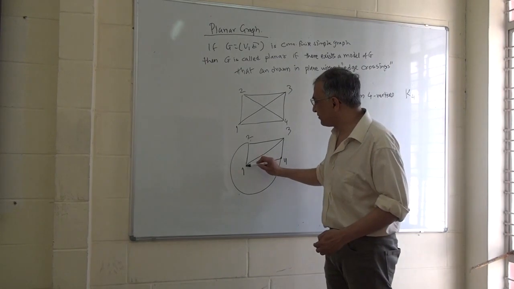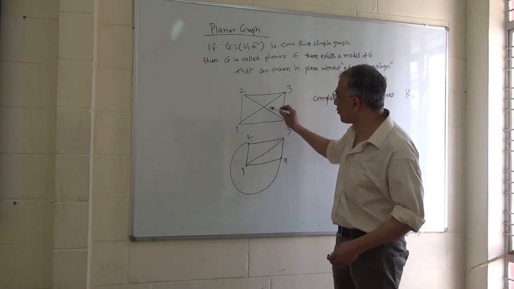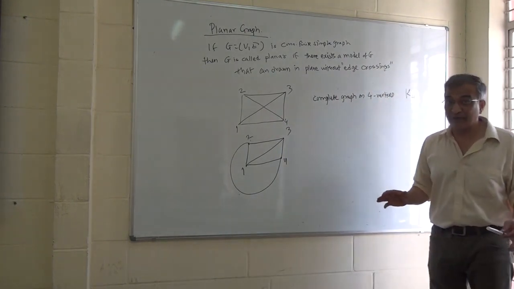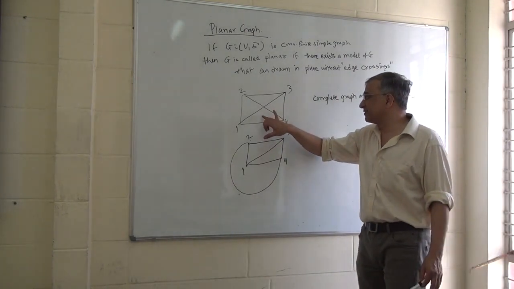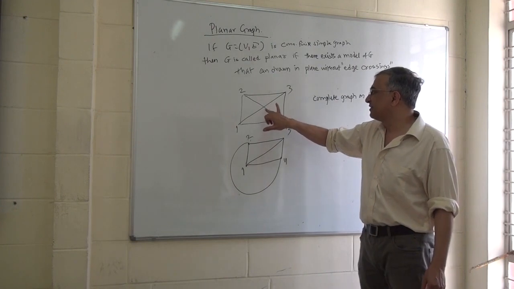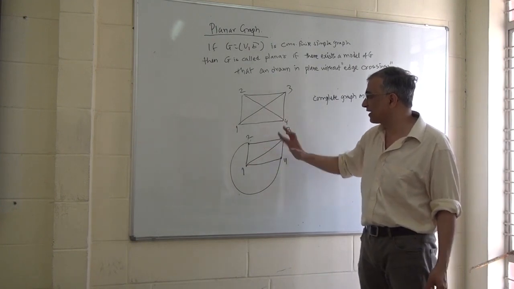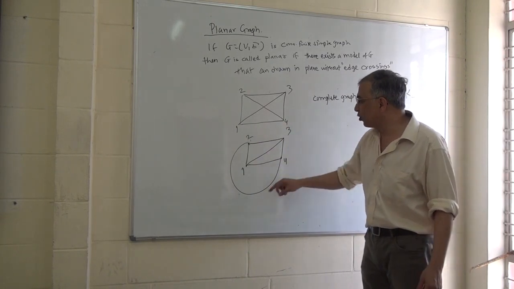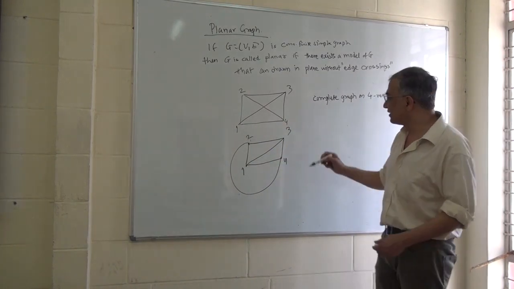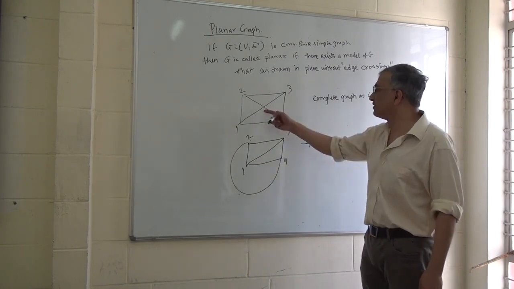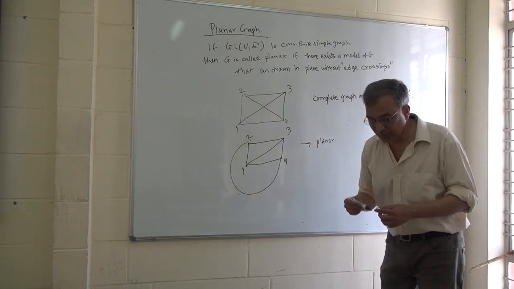So this is another model of the same graph. As I said before, isomorphism of graphs is tricky. Here the set has 4 elements, and the set of subsets is the same. So these two are actually the same graph, and here no edges are crossing. So in this drawing it is planar. In this drawing it does not look to be planar.